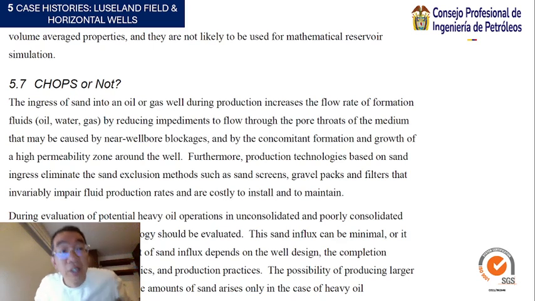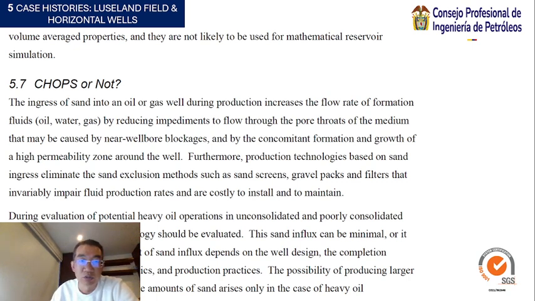Okay, let's continue. 5.7 CHOPS or not? The ingress of sand into an oil or gas well during production increases the flow rate of formation fluid, oil, water, gas by reducing impediments to flow through the pores of the medium that may be caused by near-wellbore blockage and by the concomitant formation and growth of a high permeability zone around the well.